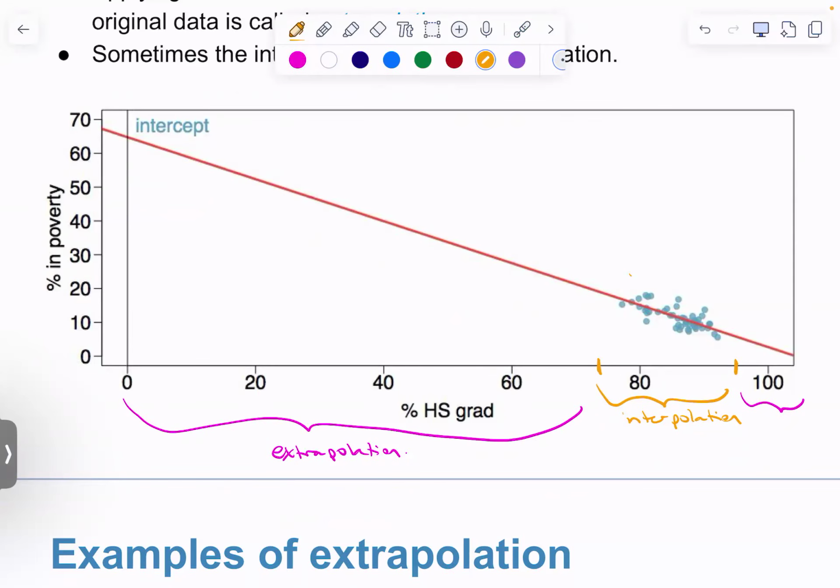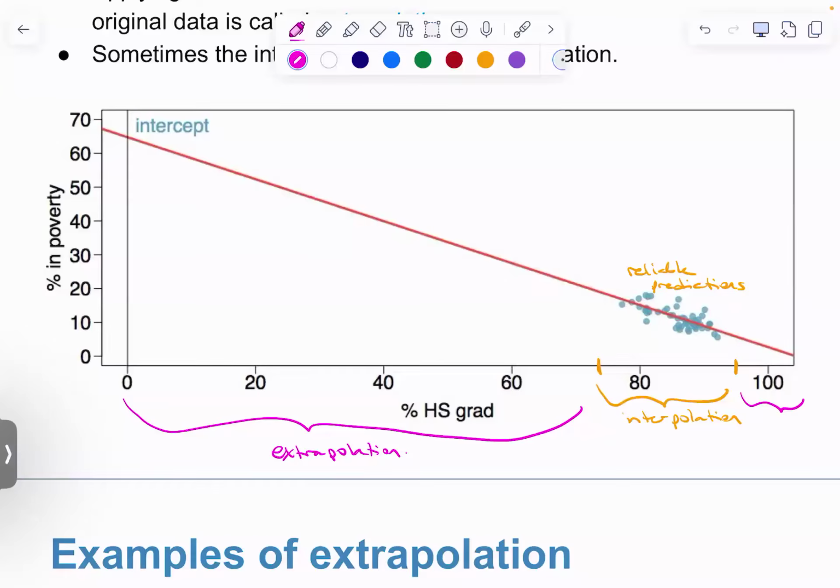In interpolation, we have reliable predictions, because that's what we built our line around, and we can see that things tend to be relatively well modeled by this line in this stretch.